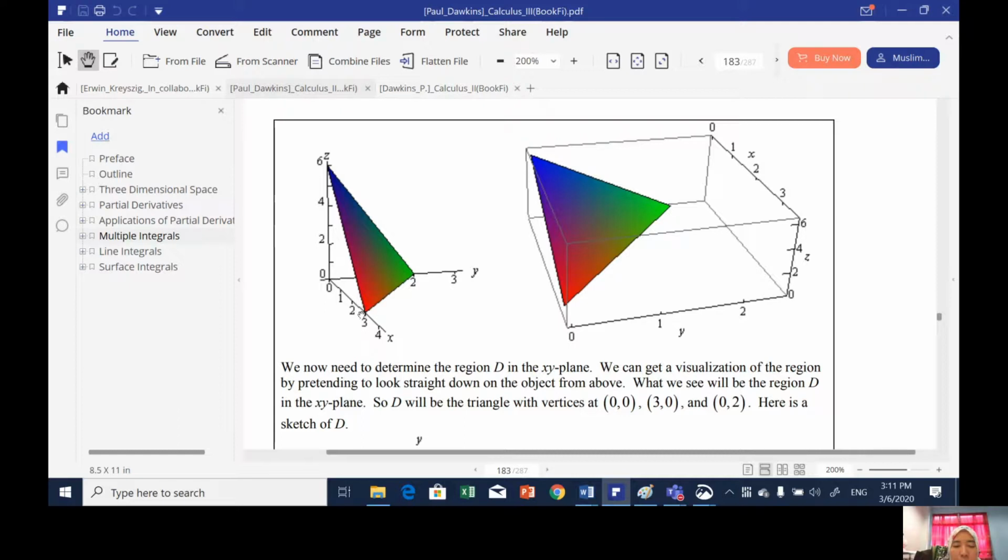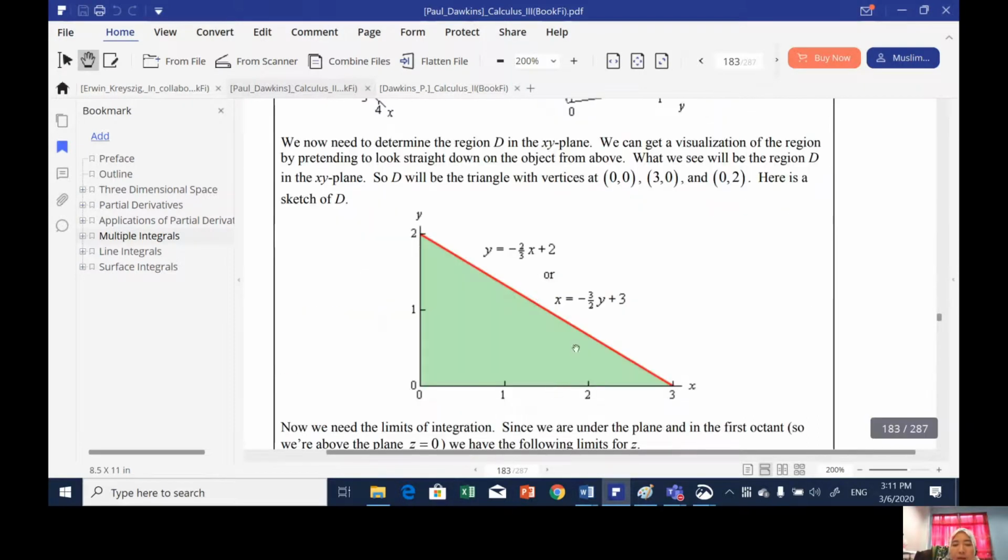This is the point 3, 0. In terms of the x, y axes, this is x 0, y 0, this is 3, 0, and this is 0, 2. So we are interested in this kind of equation, this figure.